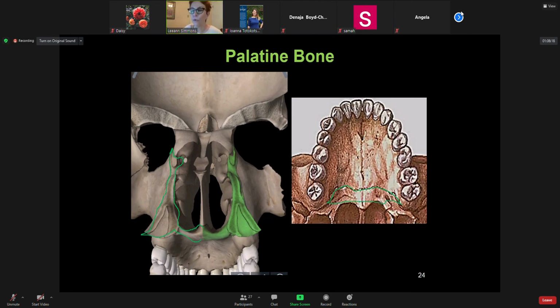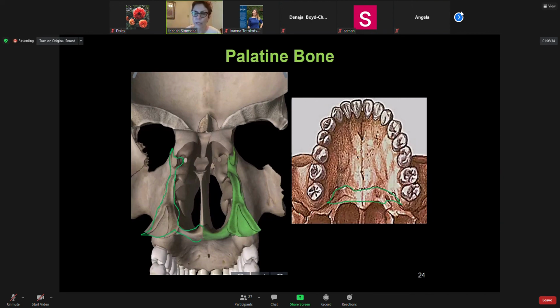Okay, so it forms the posterior hard palate. Here's the maxillary processes, the palatine processes of the maxilla up here, and then behind them is this little thin edge from the palatine bone.